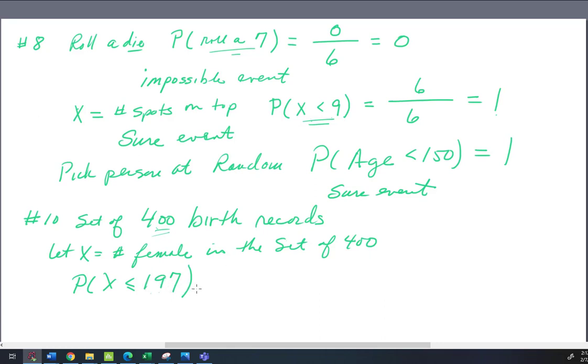Is this likely or unlikely? Would that surprise you if this set of 400 had less than or equal to 197 female births? I'm going to let you do a subjective probability here, and you just write down on the palm of your hand what you think that number would be.